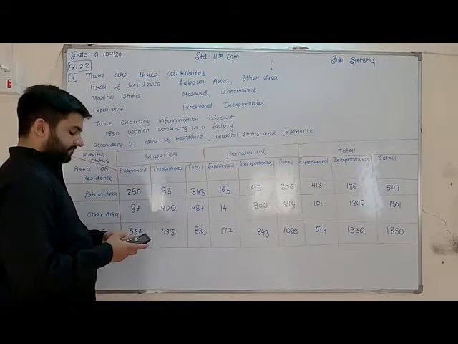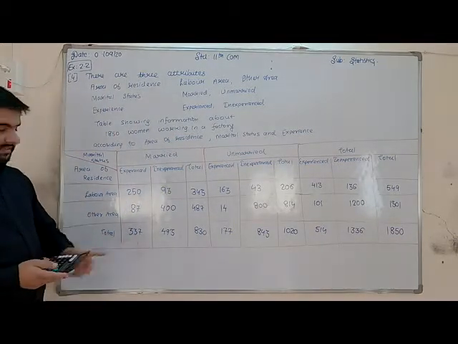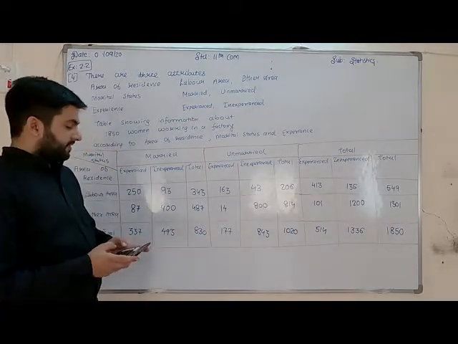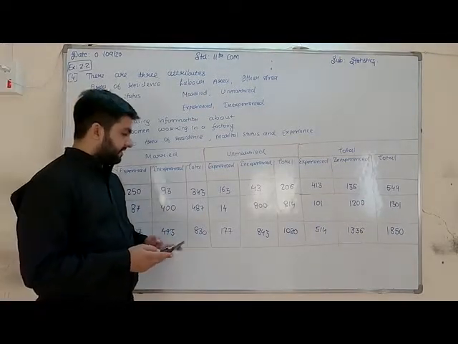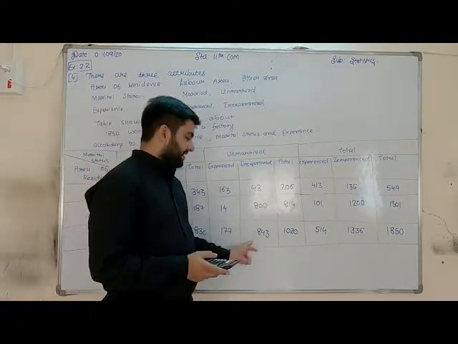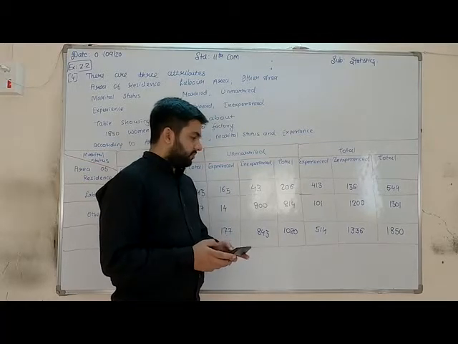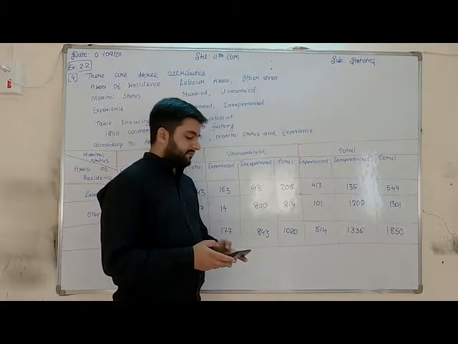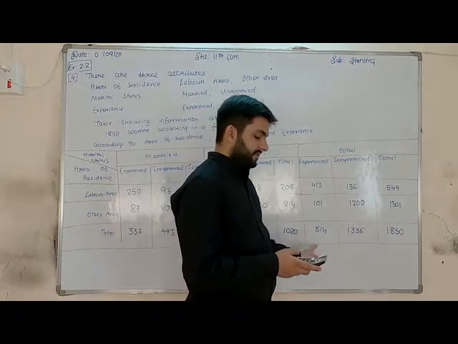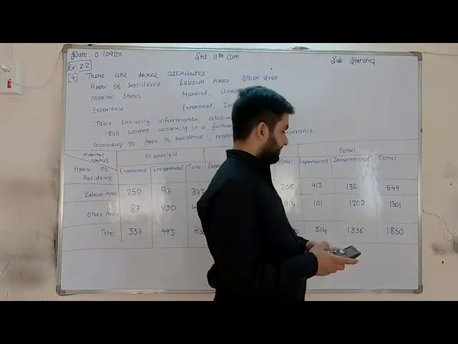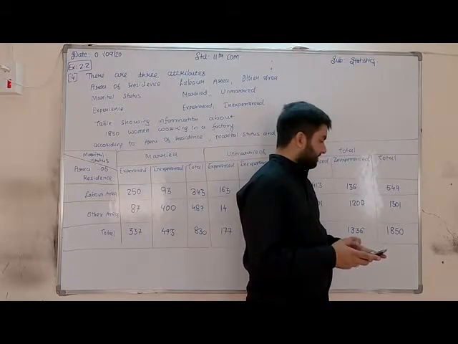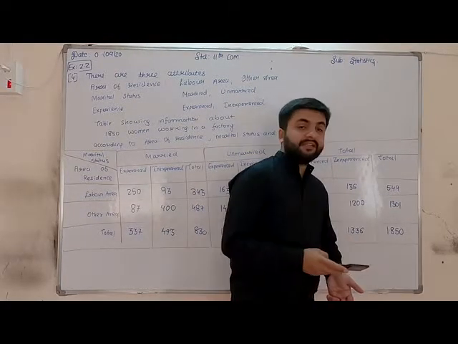Now verticals. 250 and 87 is 337. 93 and 400 is 493. 343 and 487 is 830. 163 and 14 is 177. 43 and 800 is 843. 206 and 814 is 1020. 413 and 101 is 514. 136 and 1200 is 1336. 549 and 1301 is 1850.